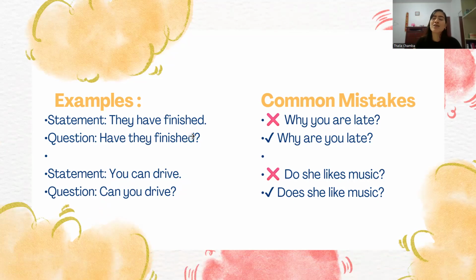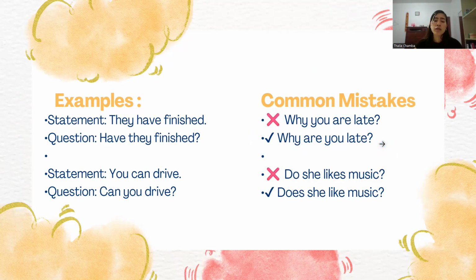That's all. Now let's look at some common mistakes that students make. Just right here, we have the common mistakes. Why you are late? This is incorrect, right? Because the auxiliary "are" must come before the subject. The correct form is why are you late?